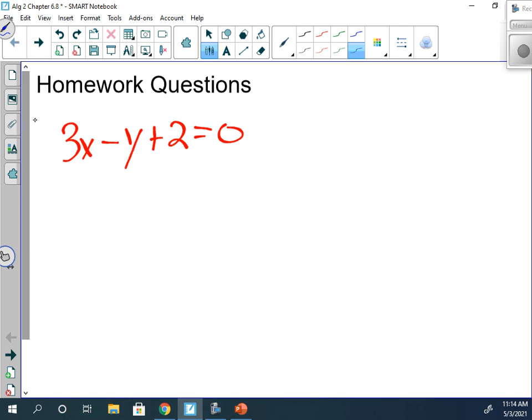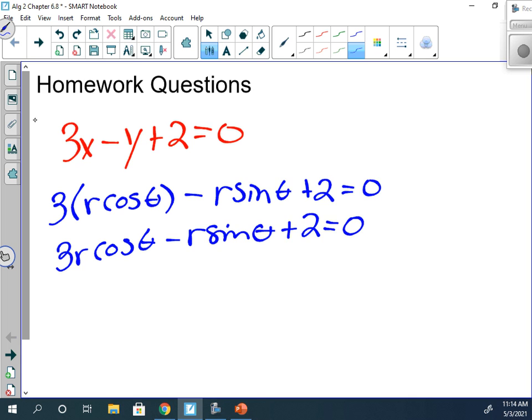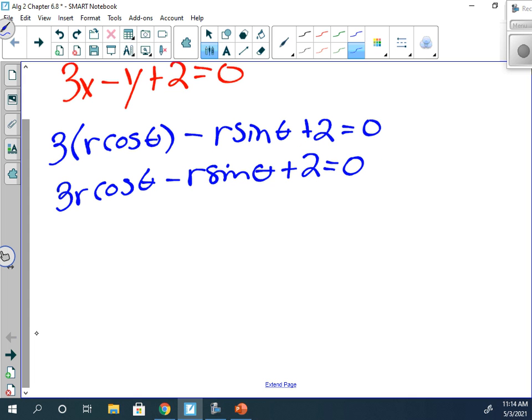So we could look at this here. What we did on the one previous still does work, because we can say 3 times r cosine of theta minus 2 r sine of theta is equal to 0. So we can subtract the 2.